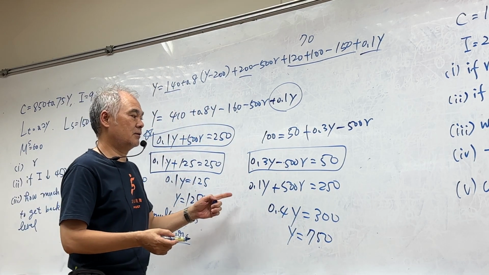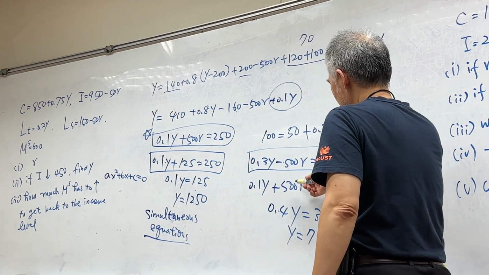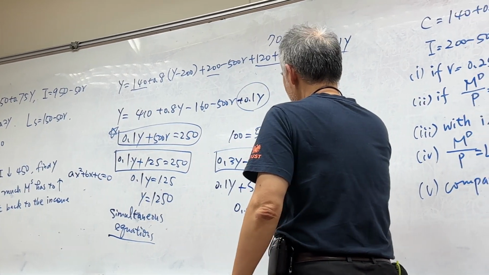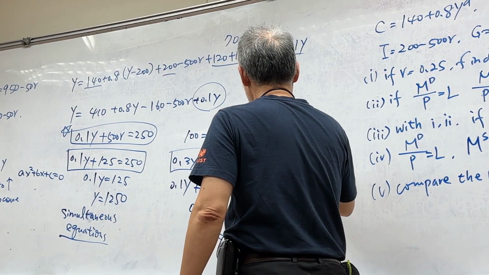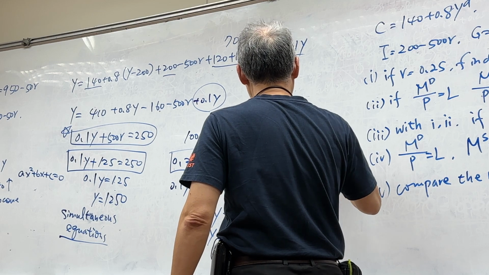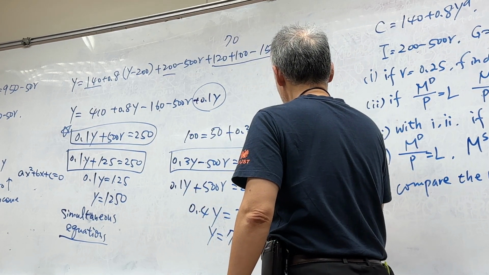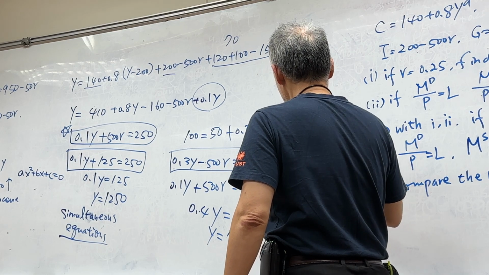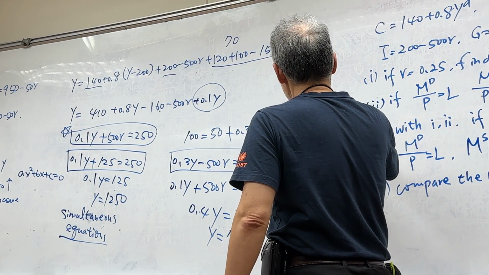Okay, then what is R? Okay, so you plug it back in here, right? So 0.1 times 750 plus 500R is equal to 250, right? And so 500R is equal to 250 minus 75, right?